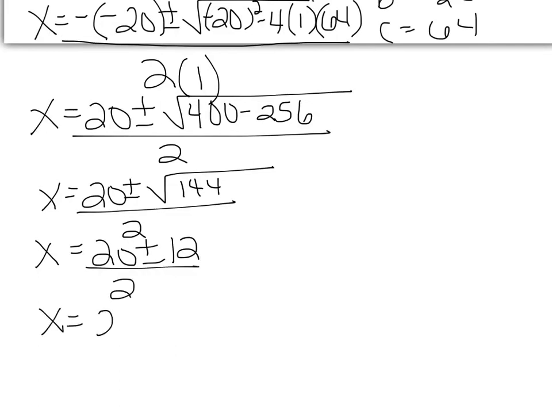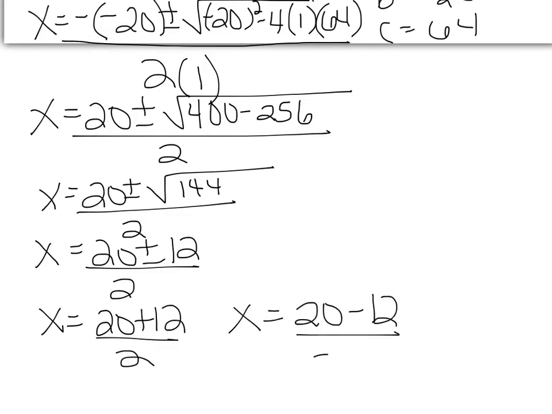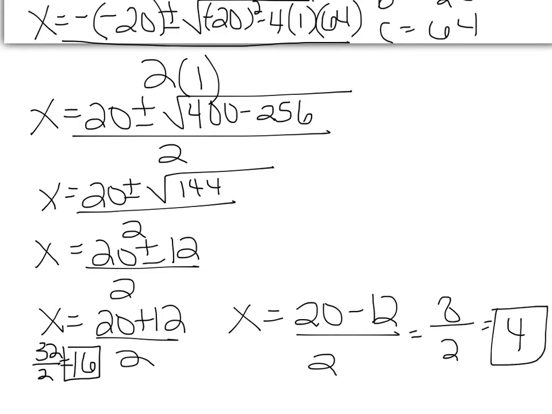So you have x equals 20 plus 12 over 2, and x equals 20 minus 12 over 2. 20 plus 12 is 32 over 2, which is 16. And 20 minus 12 is 8 over 2, which is 4. So your two possible answers are 16 and 4.